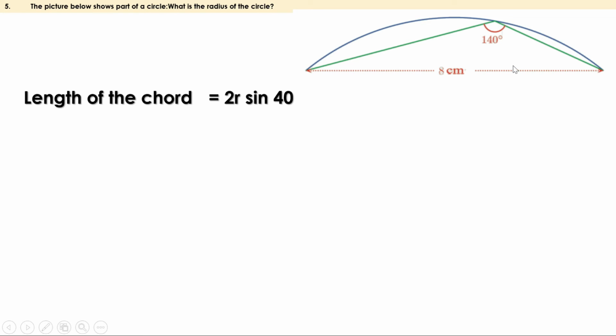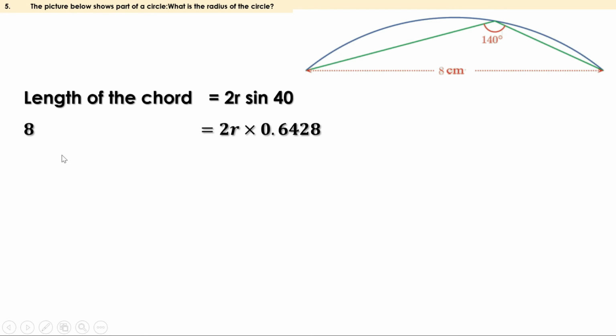Length of this chord is 8 centimeter and value of sine 40 is 0.6428. Therefore, we can write this as 8 is equal to 2r into 0.6428. We need to find the value of r. So, let us take 2 into 0.6428 on the other side.